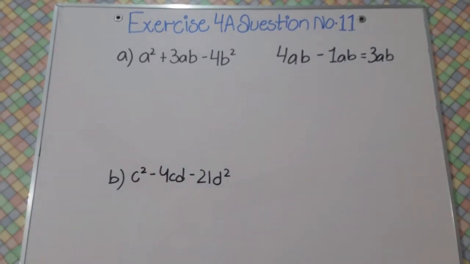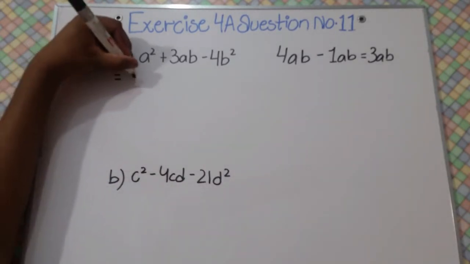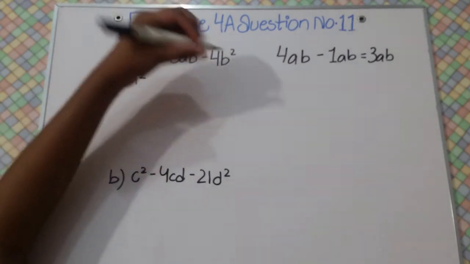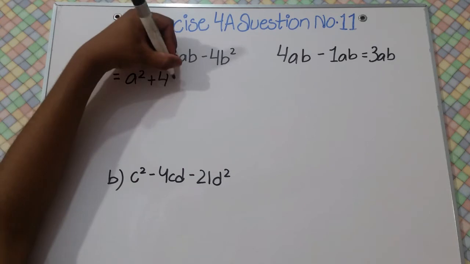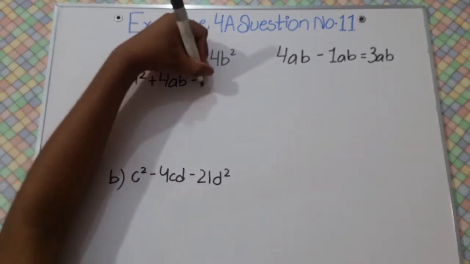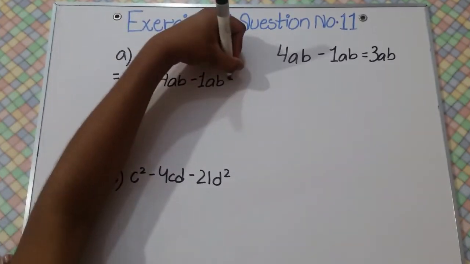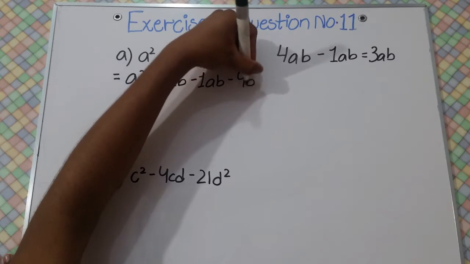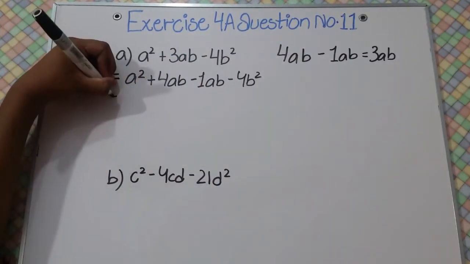So this could simply be the middle term for this question, meaning a square plus 4ab, then minus 1ab, then minus 4b square. So 4ab minus 1ab would be the middle term.